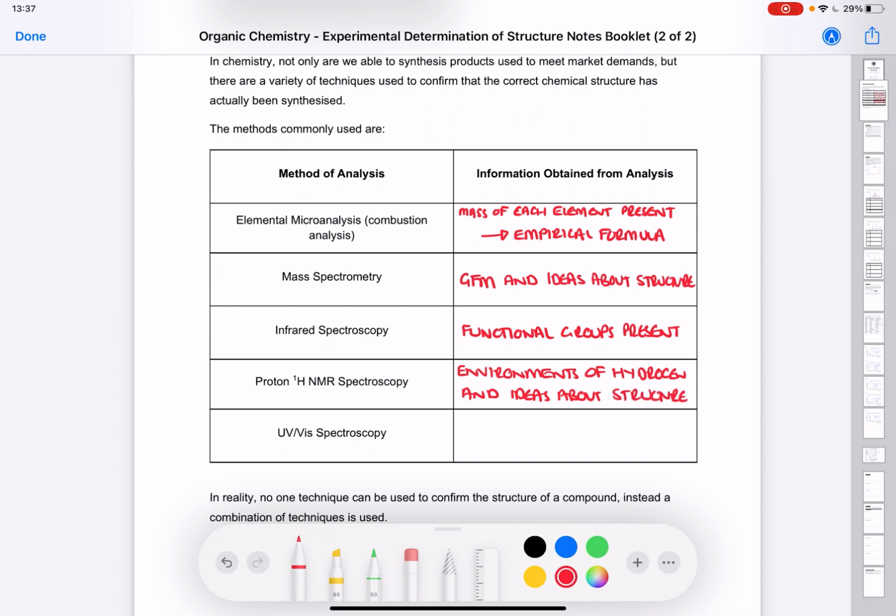And then finally, with ultraviolet or visible spectroscopy, we use that to quantitatively determine how much of a substance we've got. So it's basically to determine how much of the substance is present.